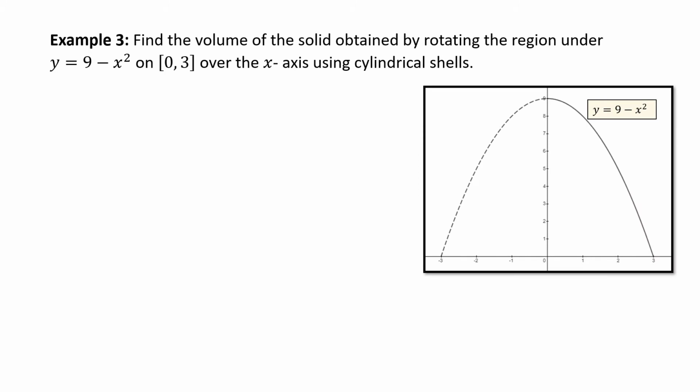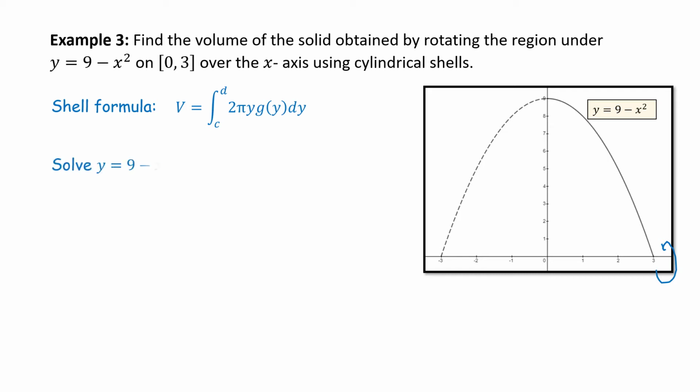And remember, we want to rotate cylindrical shells about the x-axis. So for our cylindrical shell formula, the volume is equal to the integral from c to d of 2 pi y g of y dy.